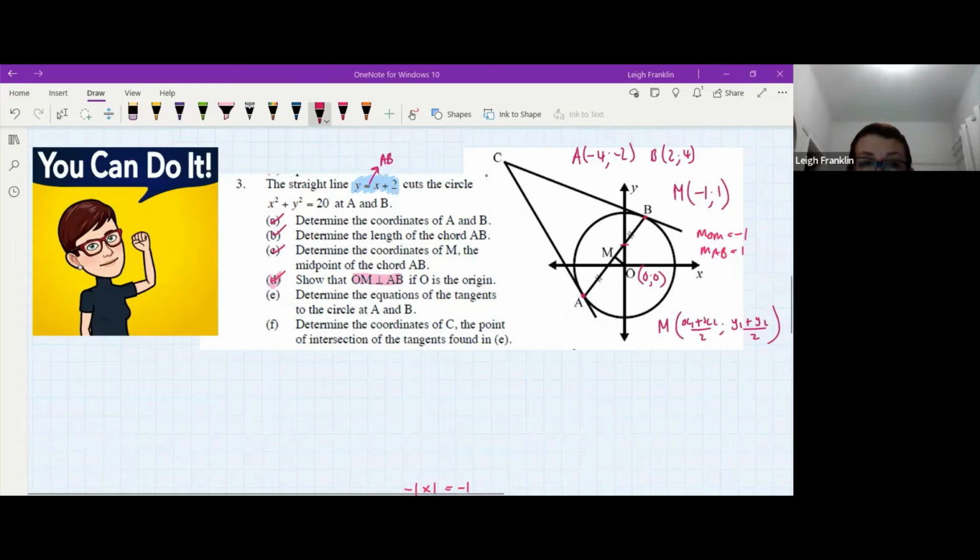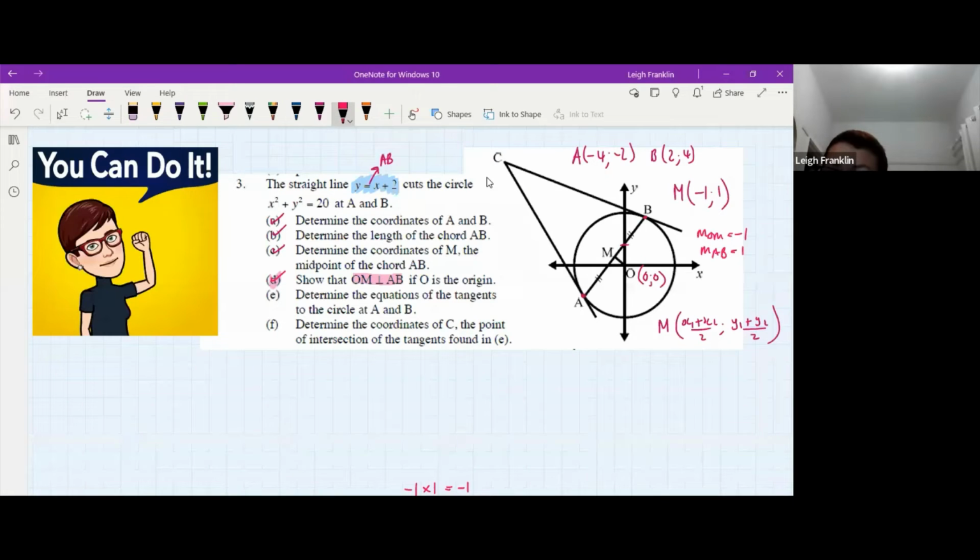Yes, OM is perpendicular to AB, but OM is not perpendicular to CA. Cassandra's put it into the chat. You're right, Cassandra. What we need here is that third side of a right-angled triangle, the radius.